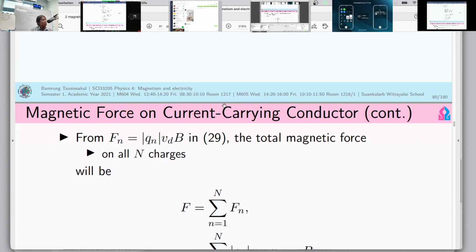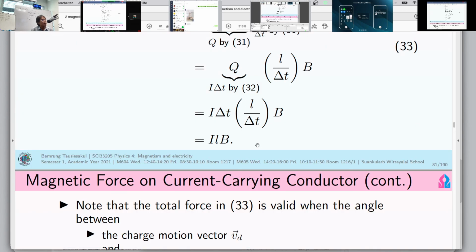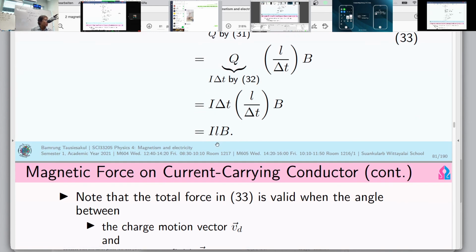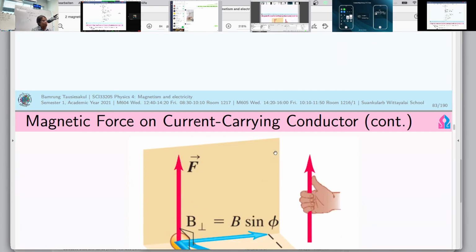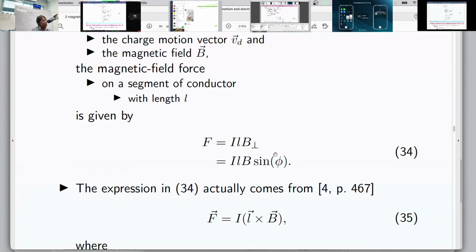The one you get from 33 is ILB, right? But B in that case is made with a right angle to the vector L. So we will substitute B sine phi into this expression, and that's the key. That's the only part that changes in this scenario when angle phi or theta is not a right angle.